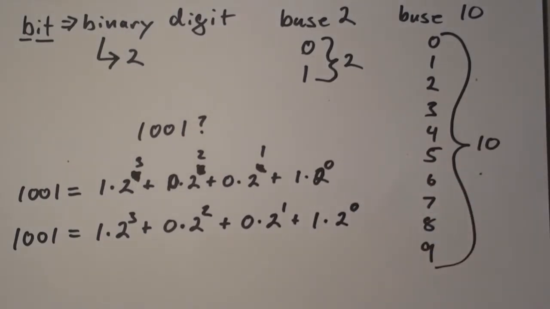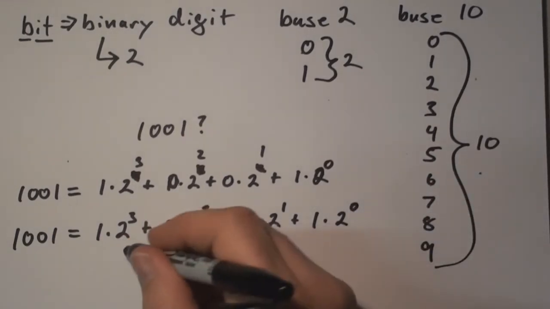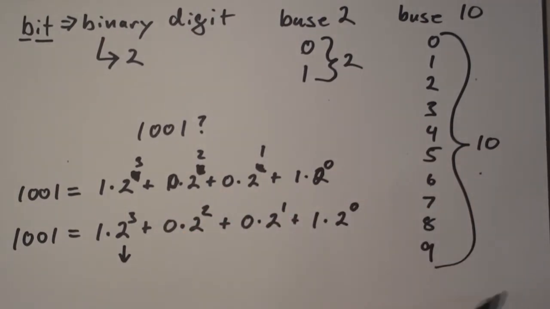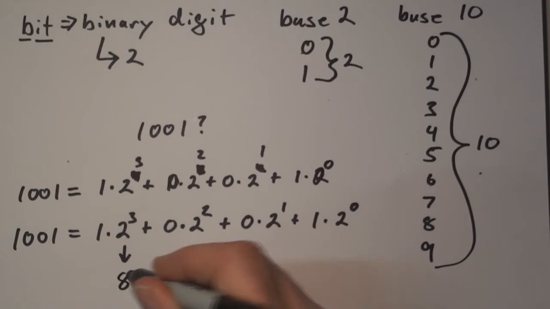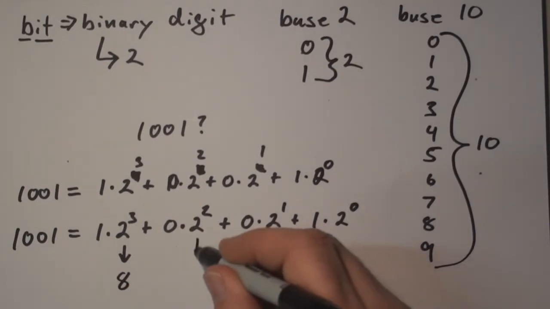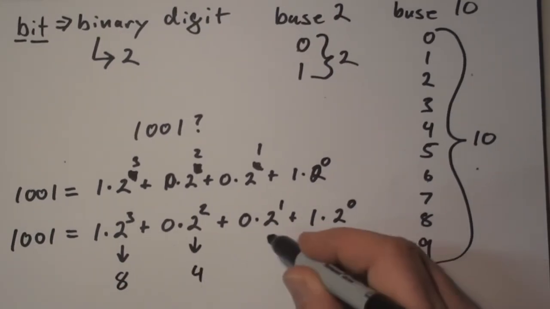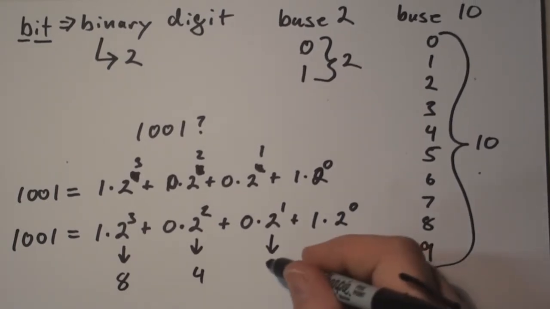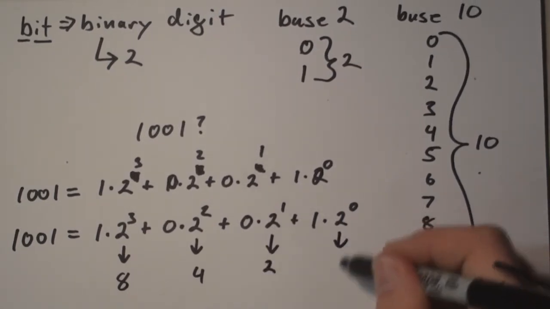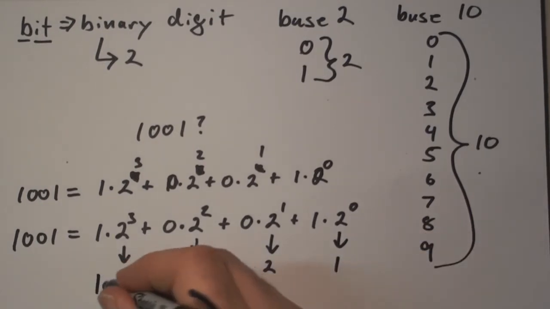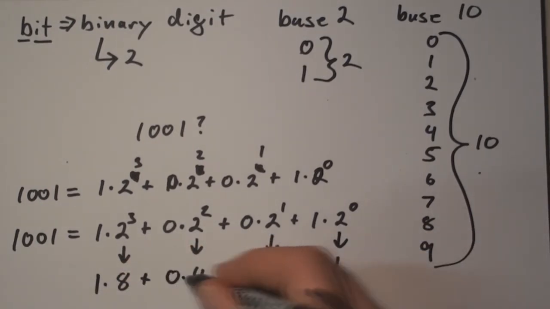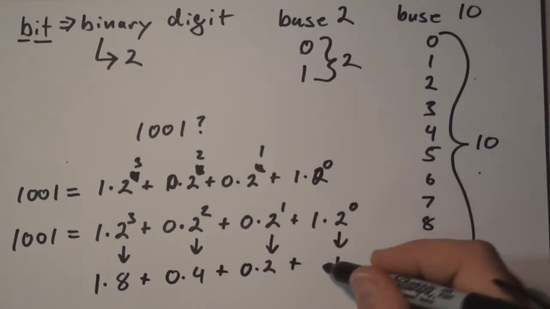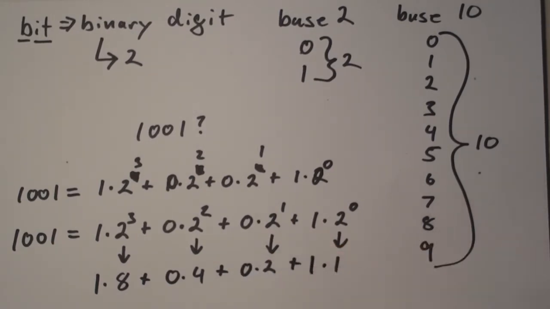And 2 to the power of 3 is 8. 2 to the power of 2 is 4. 2 to the power of 1 is 2. And 2 to the power of 0 is 1. 1 times 8 plus 0 times 4 plus 0 times 2 plus 1 times 1.